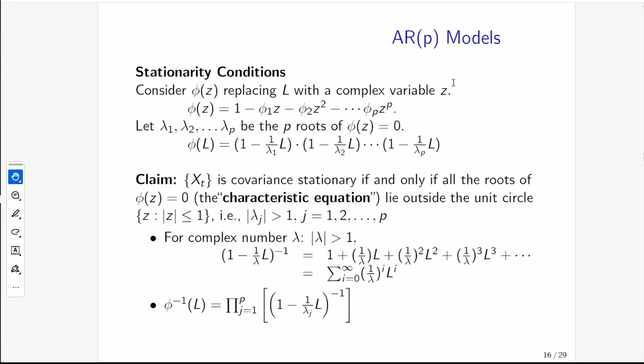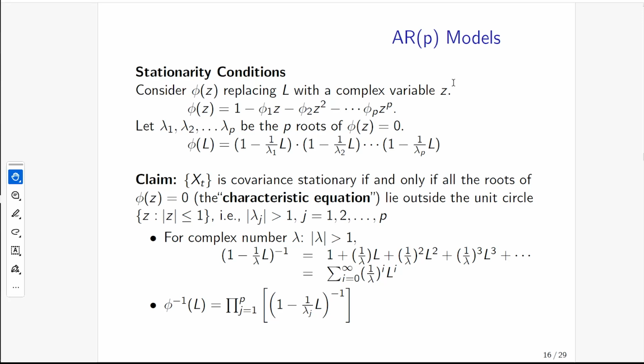Then if we have roots, lambda 1 to lambda p, then phi of L has to be the product of these terms. Each of these factors is equal to 0 when z equals lambda 1.